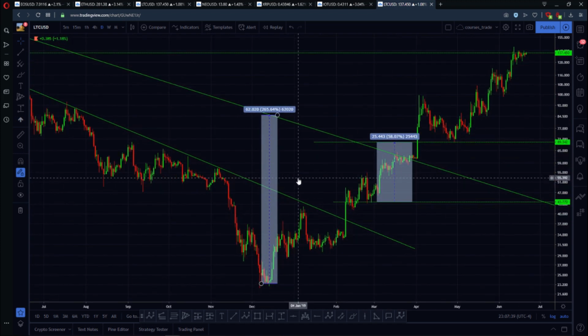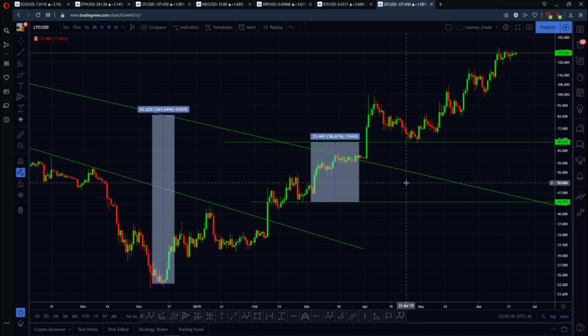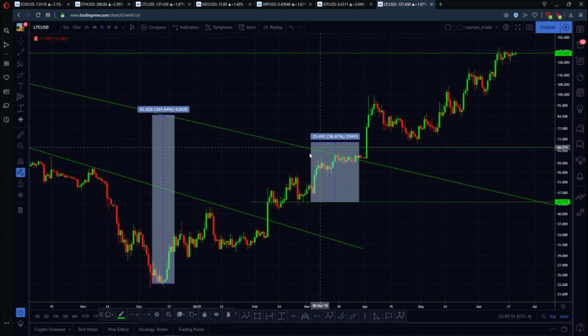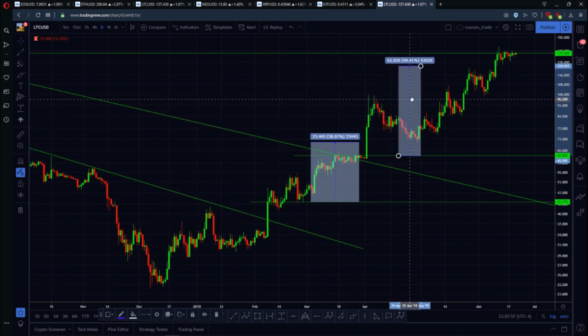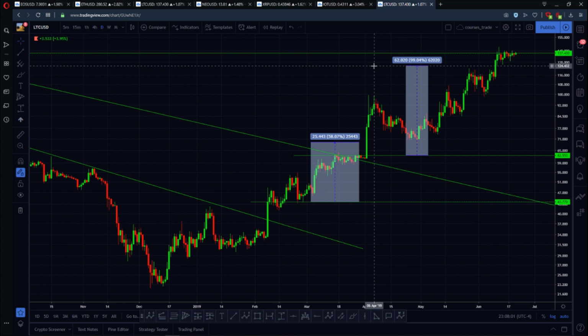So I'm gonna take this one and identify the first candle that violates this very important trend line, and then this is gonna be my next target somewhere over here.